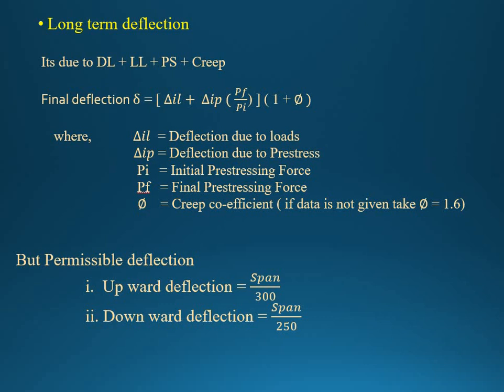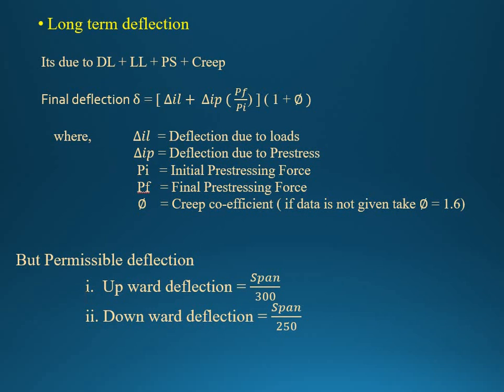Next is delta IP, the deflection due to pre-stress. PI is the initial pre-stressing force, PF is the final pre-stressing force, and phi stands for the creep coefficient. And we know that if any creep value is not given in the question, we can take the creep coefficient as 1.6.